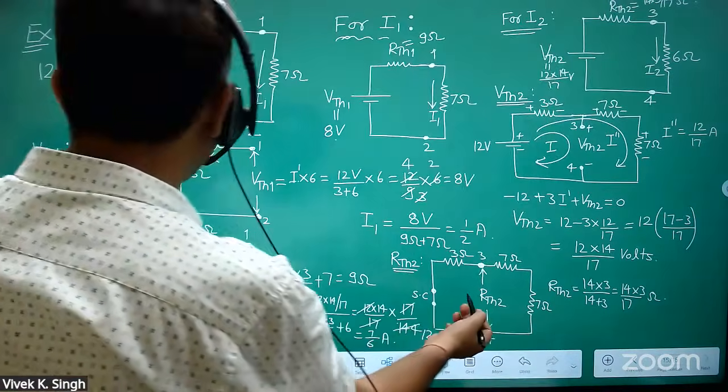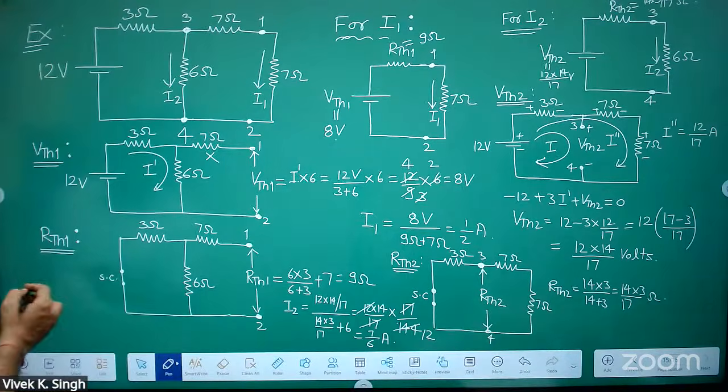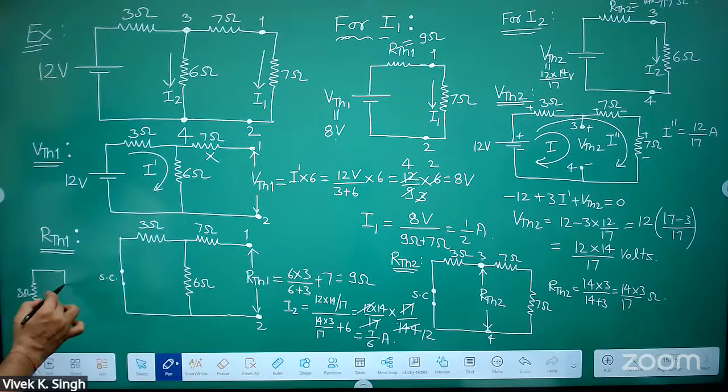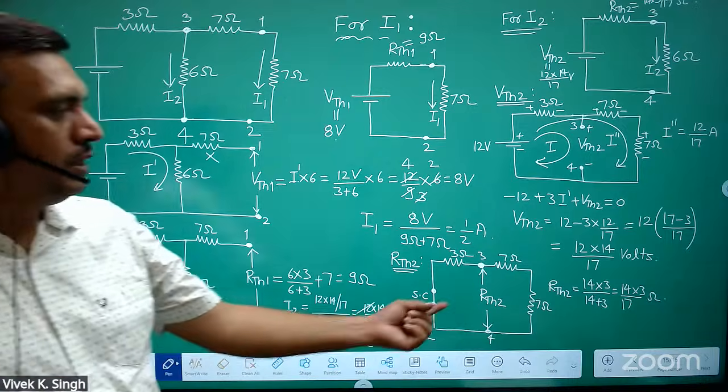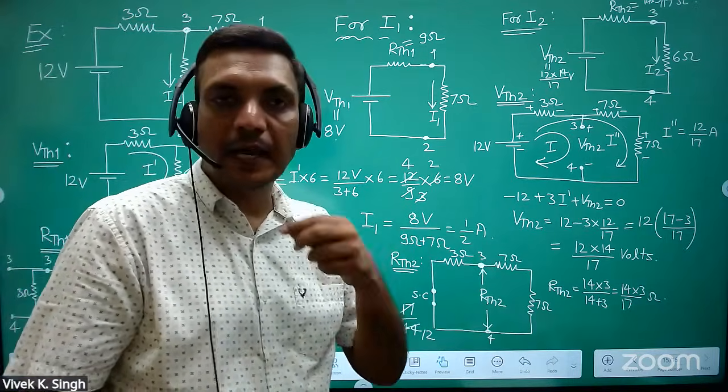If you draw the equivalent, this is 3 ohm, and this side you have 14 ohm, and this is the point. This is 3 and this is 4. About these 2 points, are they in series or parallel? Parallel, sir. These two are in series, and that is in parallel.